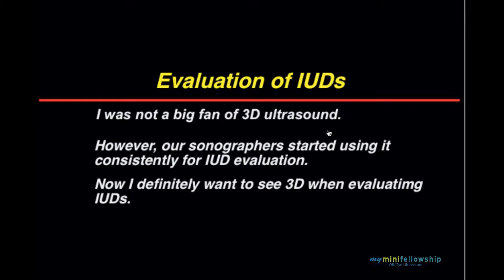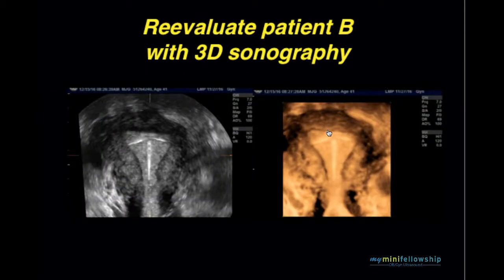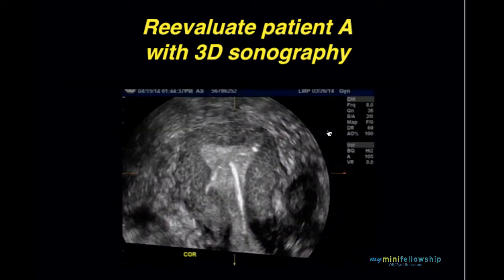Let's go back to patient B and look at her IUD. Is there any question that it is perfectly positioned within the endometrial cavity? Beautiful. Looks great. Couldn't ask for more. But now let's look at patient A. This is the one where we couldn't see the wings, and that wing is clearly penetrating into the myometrium.